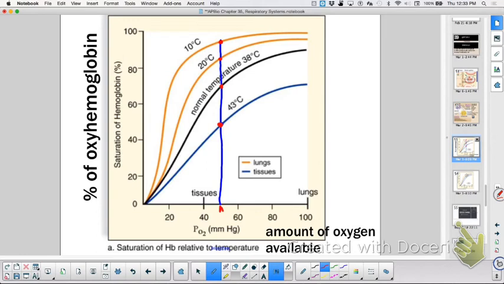So here it's at 45% or 50% here, amount of oxygen. But when I look here at this warmer temperature, you only have 40-something% saturation. You go up here to normal, it's still hanging on to it, and colder, it's still hanging on to it.